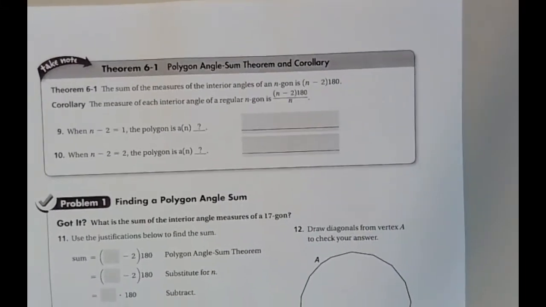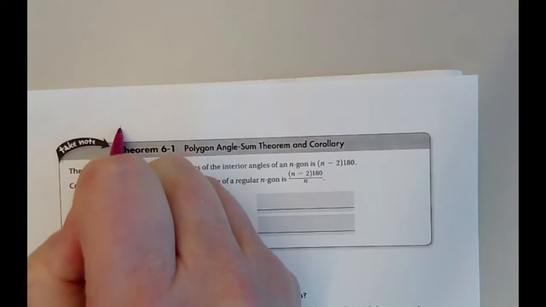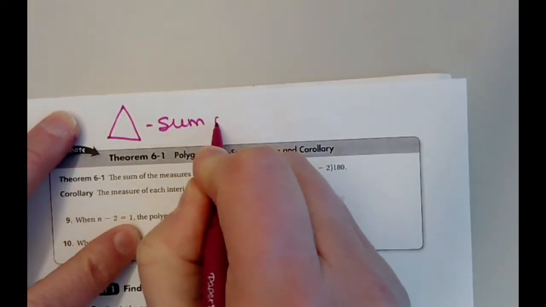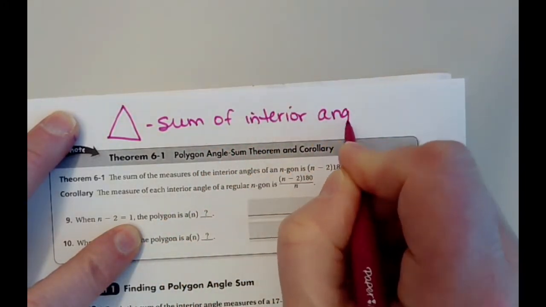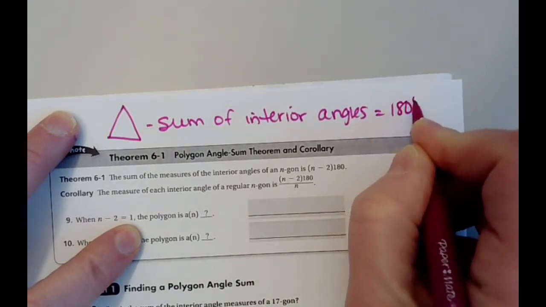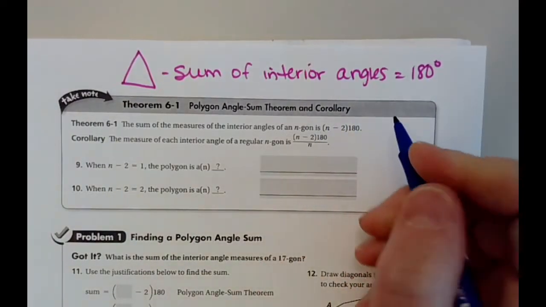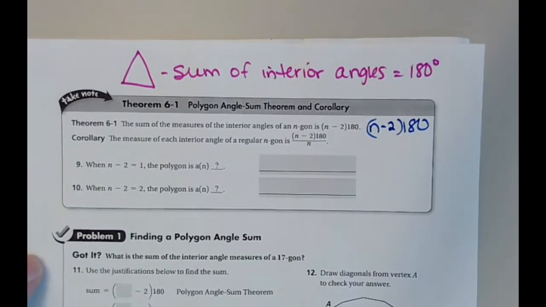When we have polygons, we have the interior angles of a polygon. Remember, in a triangle, the sum of the interior angles is 180 degrees. For a polygon that's not just a triangle, we're going to use the formula (n minus 2) times 180, where n stands for the number of sides.